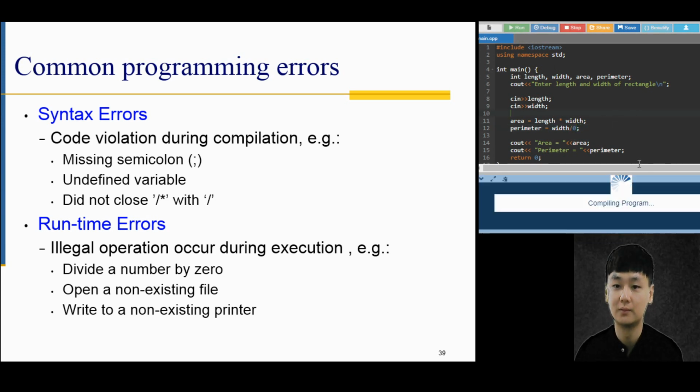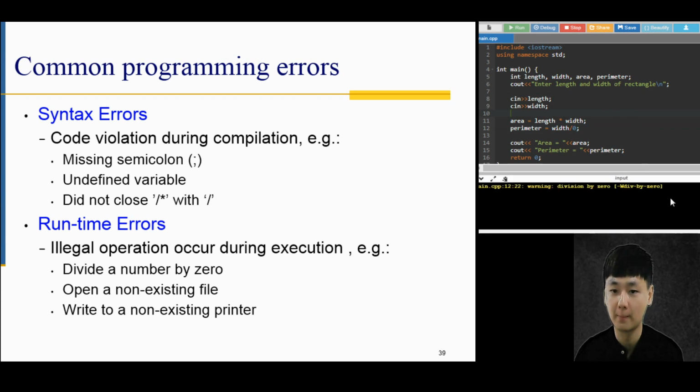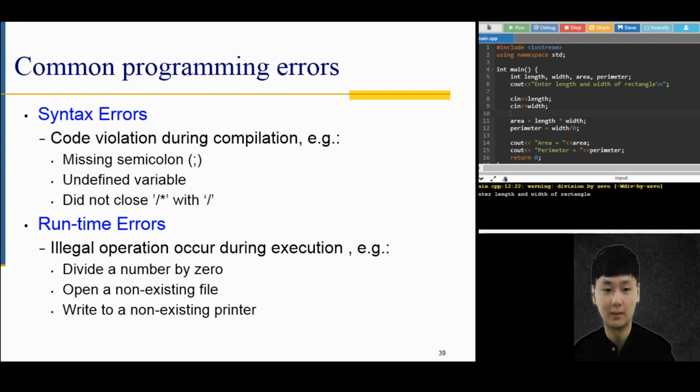It will give me a warning, division by 0. This is a runtime error, something wrong with your program. Another example: open a non-existing file, write to a non-existing printer. All these belong to runtime errors.